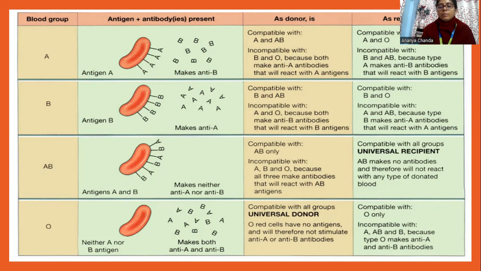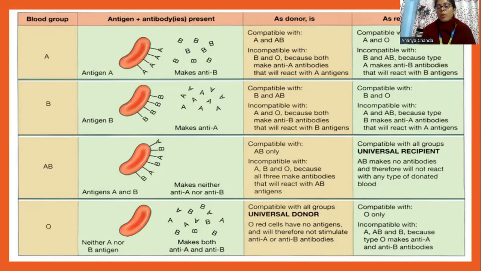It can give blood to the AB type only. Why? Because the other blood groups, A, B and O, all make antibodies against the antigens A and B that are present in AB blood.